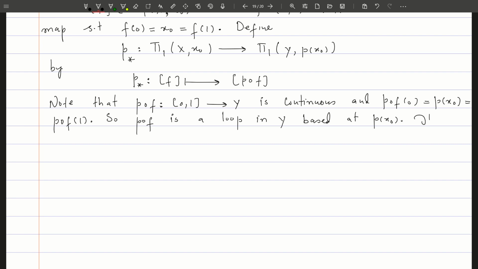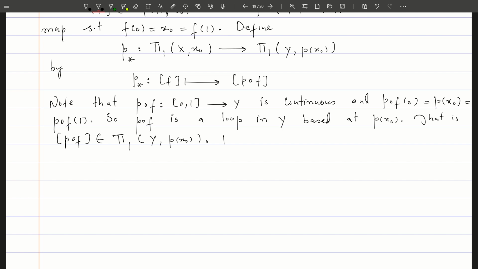So that is the homotopy class of P composite f, an element of pi 1 of Y, P of x naught. So this P star takes a homotopy class here to a homotopy class in pi 1 of Y, P of x naught.